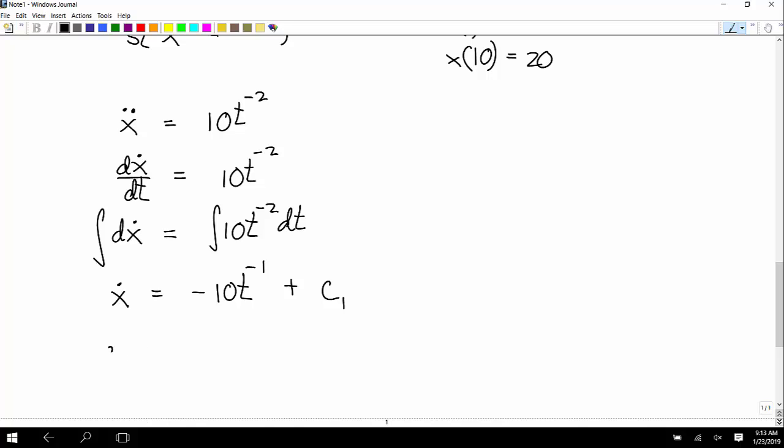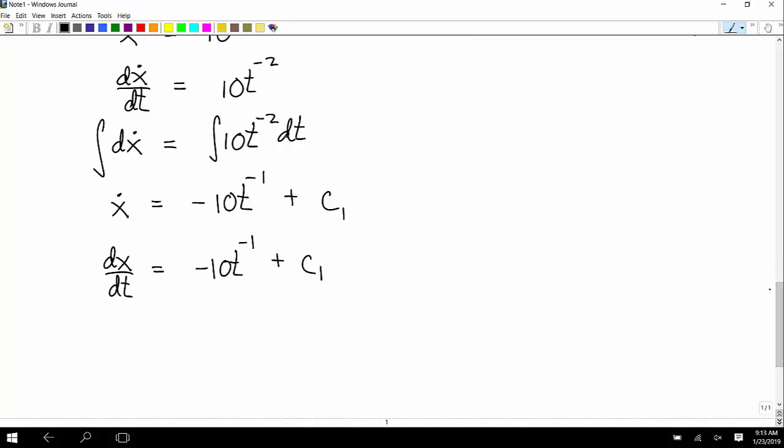So now I'll do it again. We have dx dt is equal to negative 10t to the minus 1 plus c1. Multiply both sides by dt, and we get dx is equal to negative 10t to the minus 1 plus c1 dt, and we can integrate both sides of that.